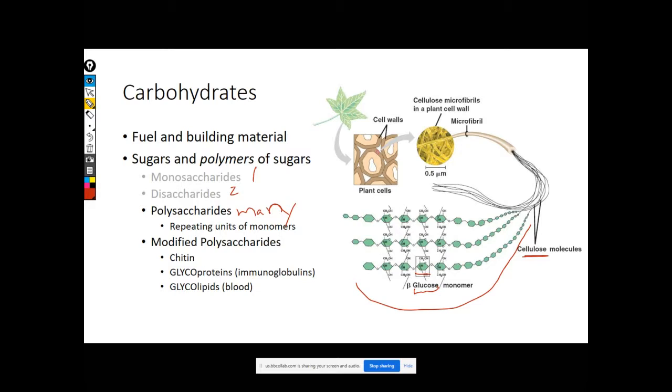Now, in addition to that, we can modify our polysaccharides. In other words, you can add other components or mix other biomolecules in with our carbohydrates and really ramp up what we're doing with them. So for example, chitin is that tough, crunchy material on the exoskeleton of insects.